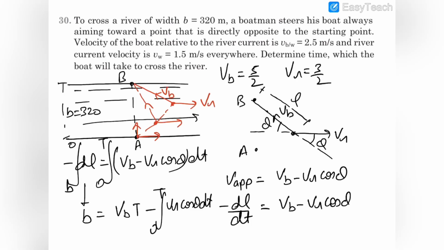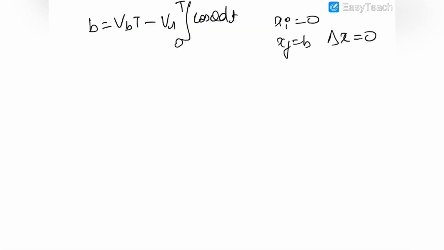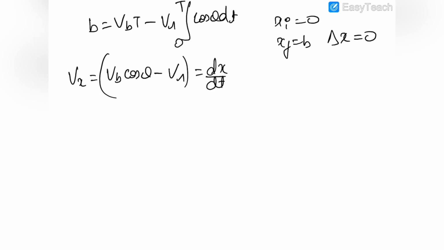So I can say that the velocity of the boat at any time on the x-axis would be VB cos theta in the backward direction and VR in the forward direction. So the net velocity of the boat on the x-axis is VB cos theta minus VR, and this would be equal to dx by dt, where obviously dx is 0. So VB cos theta minus VR into dt is equal to 0.